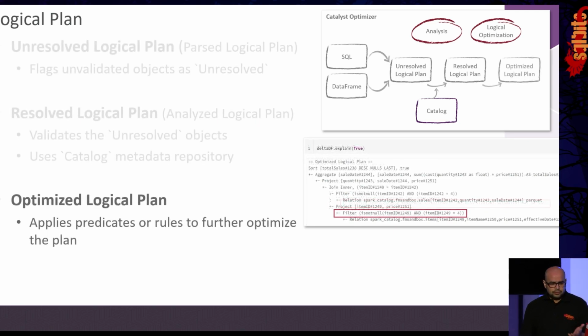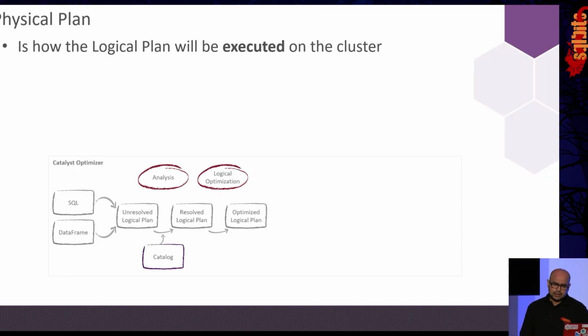Once it's resolved your attributes, relationships and objects, it will then go and optimize it. This is where it's going to apply all of your predicates, your rules, your sorts, your expressions. All of that is applied, and it's going to try to optimize that, and that results in your physical plan.